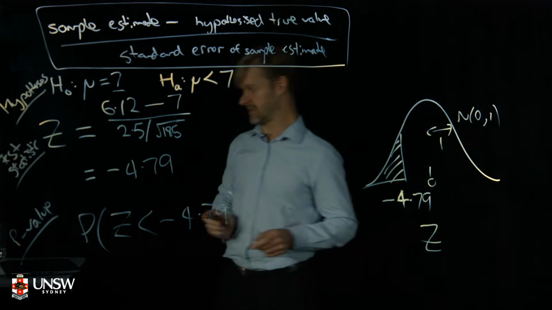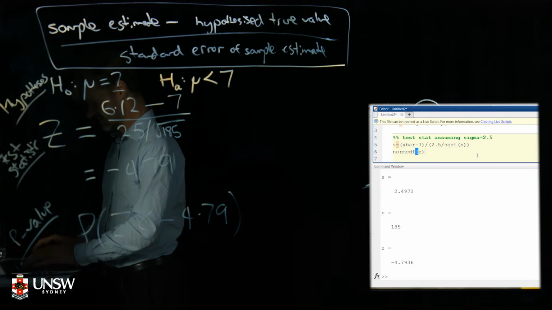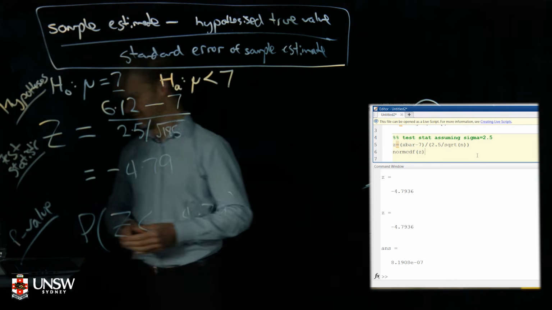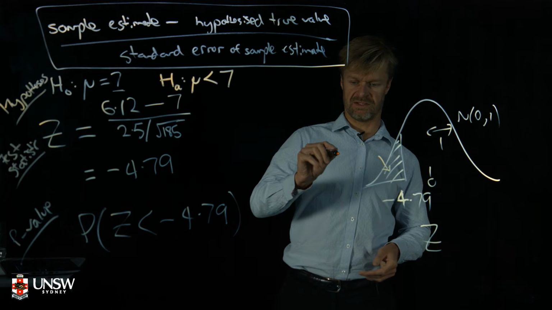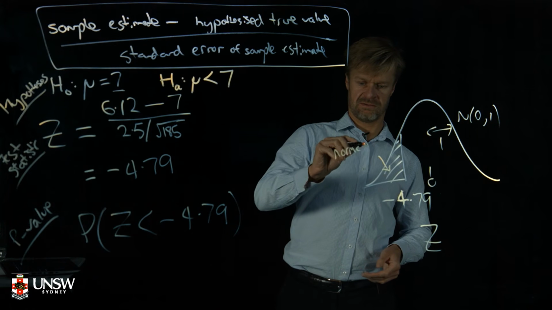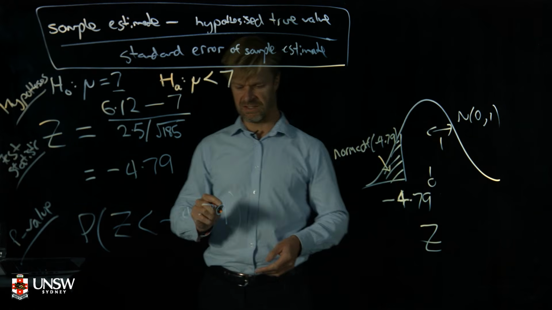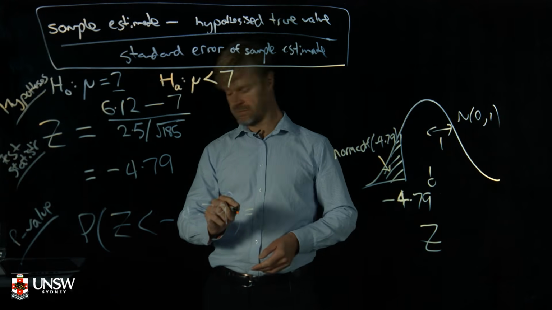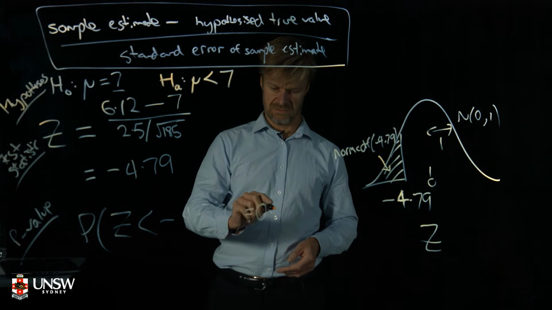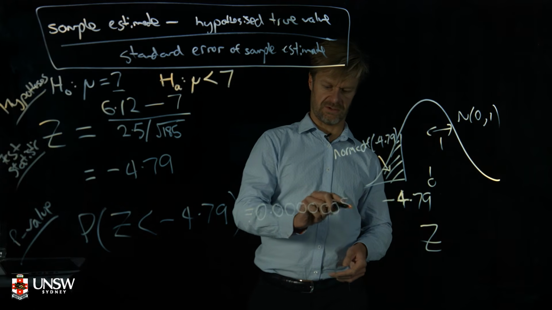That's the one we want, normCDF. normCDF of Z, where Z is negative 4.79. I ended up getting this area here. I ended up getting 0.00000008.